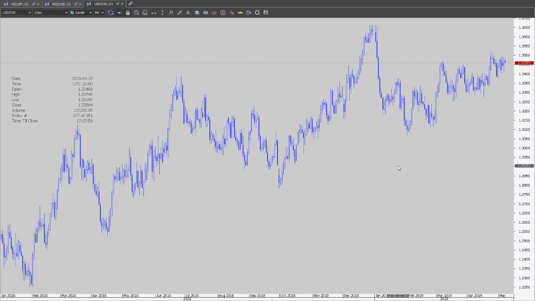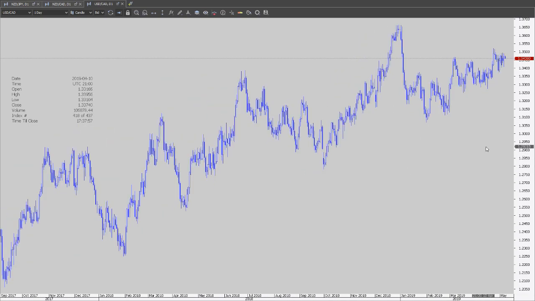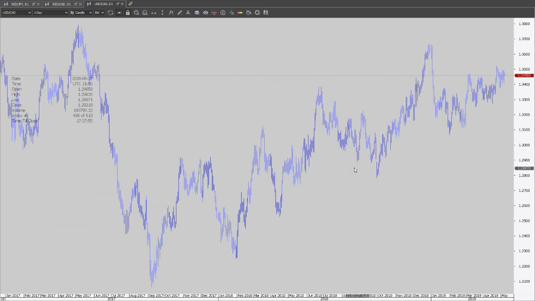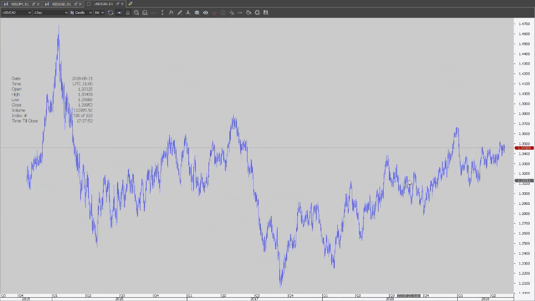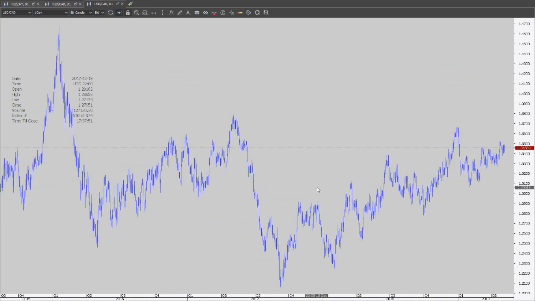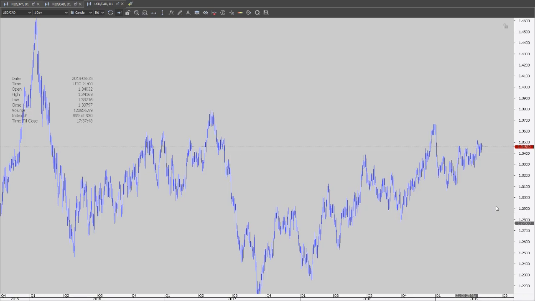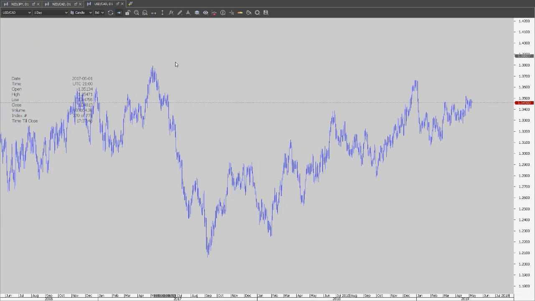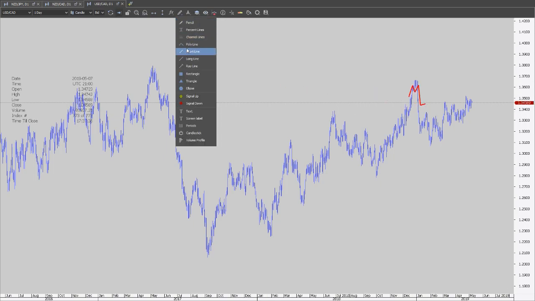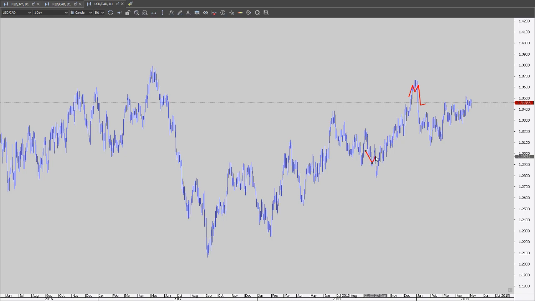Try to find as many crowns and crown reversals as possible. Remember, you are going to have a crown when the market turns, most likely. So I'm going to give you a hand.